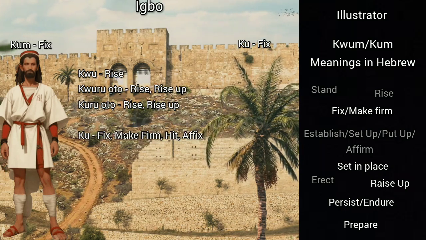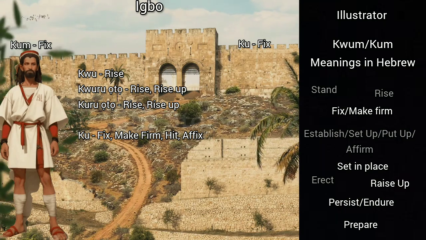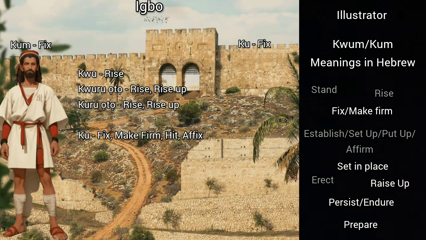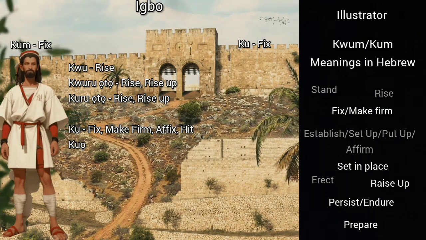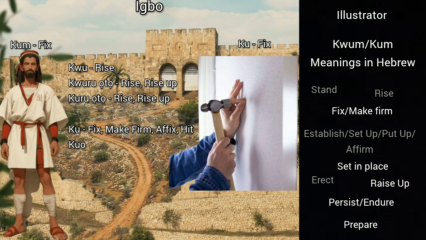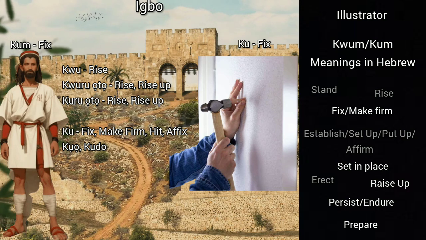In the Igbo language it is exactly the same thing. In the most simple, absolute form, ekon is to fix something. But in the construct form, you might get something like kwa, that is to fix it. If I give you something and tell you, kwa yanaja, that means I'm telling you to fix it on the wall. Another variation of that is kudo. They're both essentially the same, meaning fix or make firm.